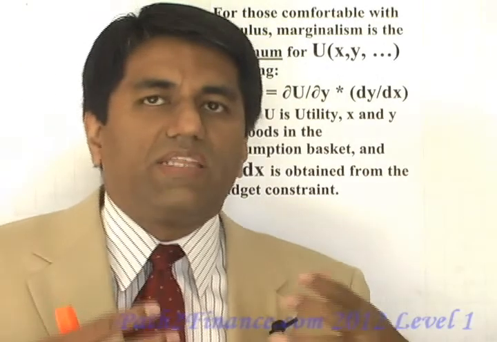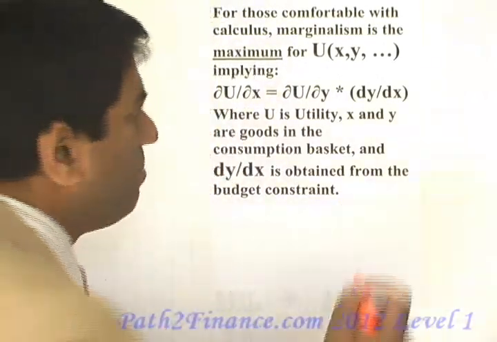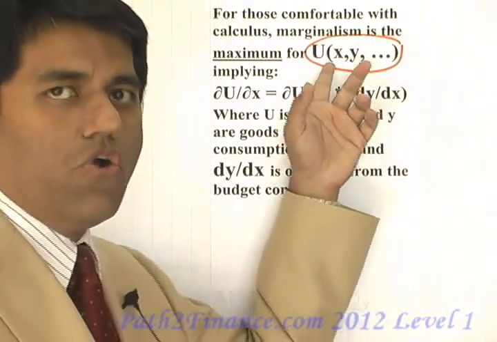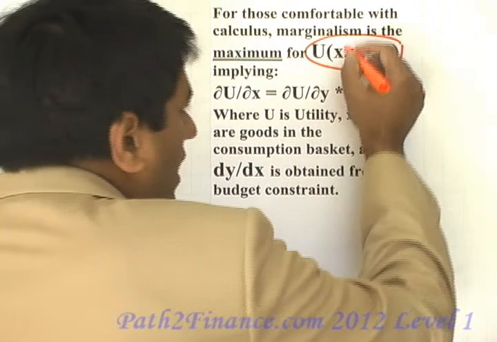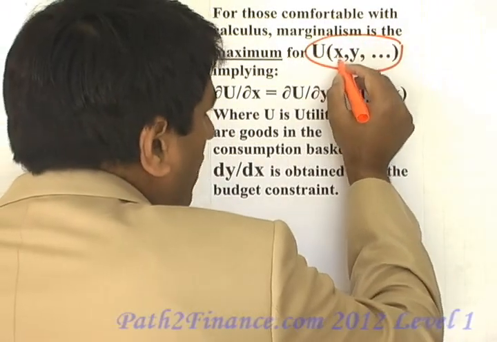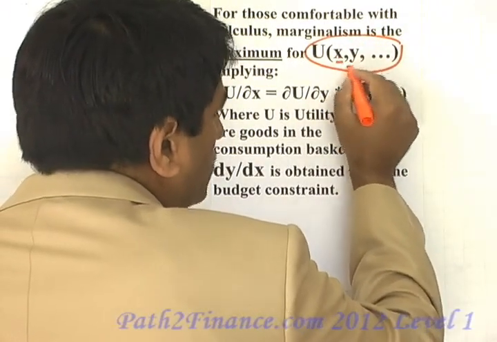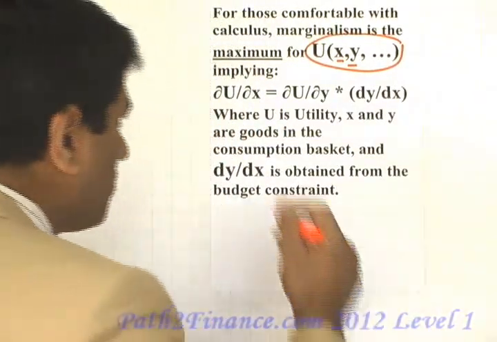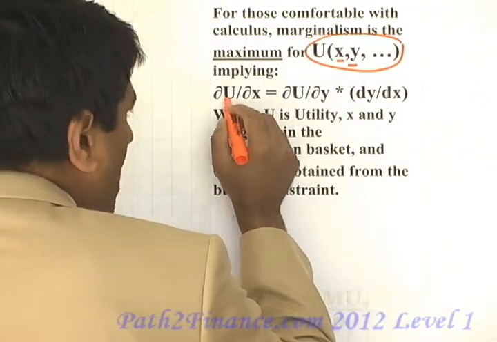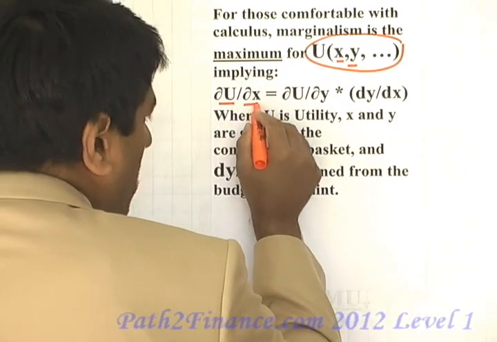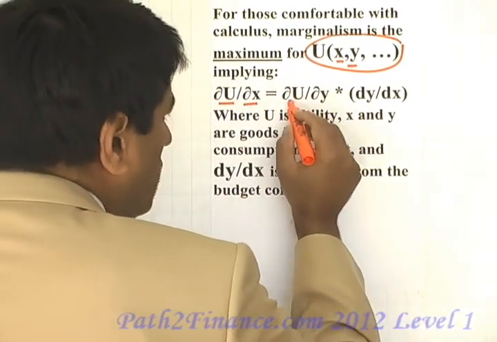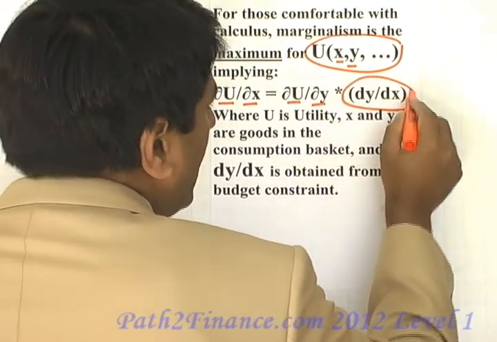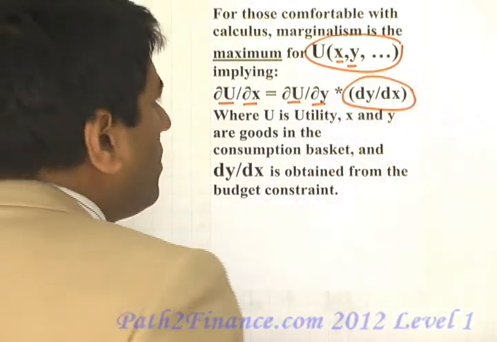So if you're familiar with calculus, what we are doing simply is finding the maximum of a function u, which is dependent on goods like x, y, etc. And at the maximum, the partial derivative of u with respect to x will equal the partial derivative of u with respect to y multiplied by dy by dx.